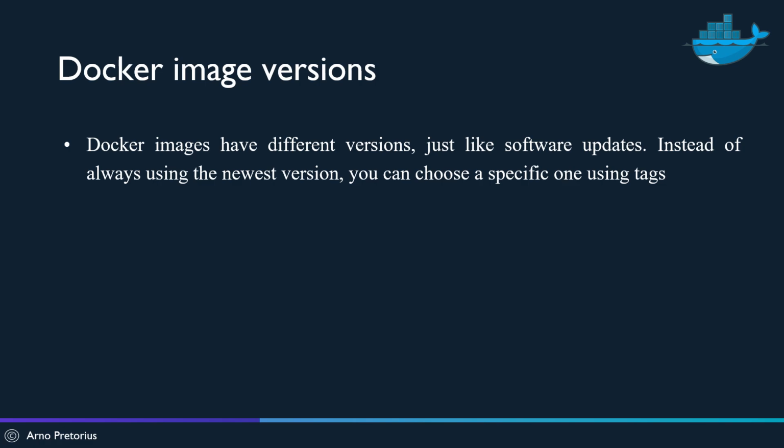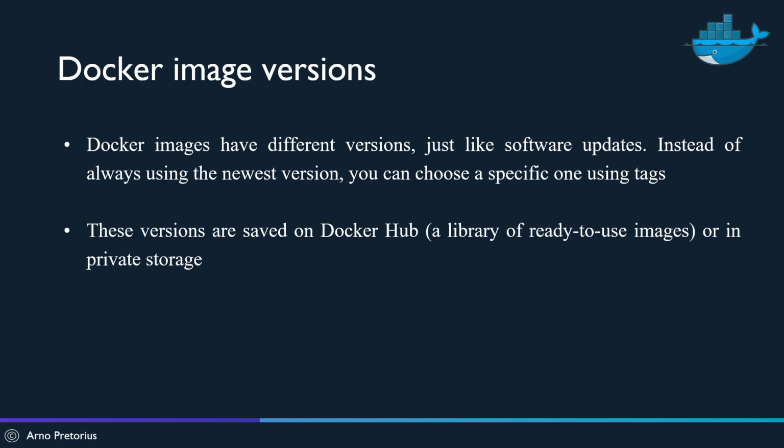All right, so let's take a look at Docker image versions. Docker images, as we saw earlier on, have different versions, just like software updates. So the whole idea of versioning in software also applies to Docker images. So we have version 1, version 2, version 3, and then we also have version 1.1, version 1.12, version 1.13, etc. The same principle applies to Docker images as well.